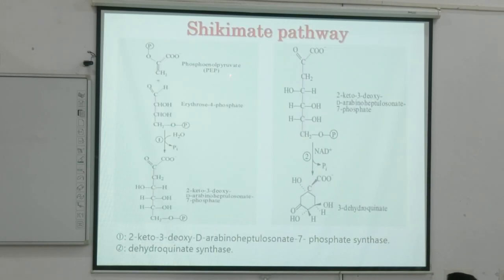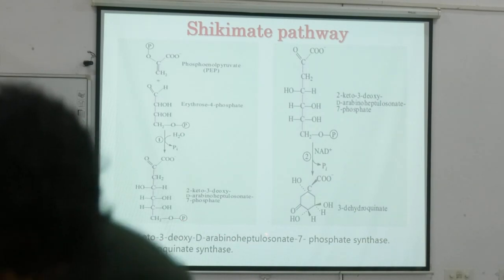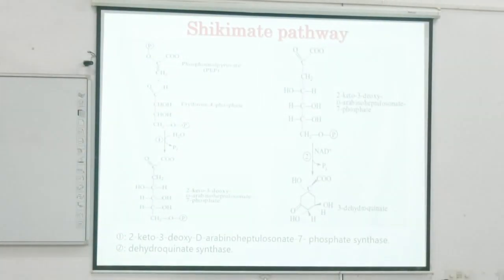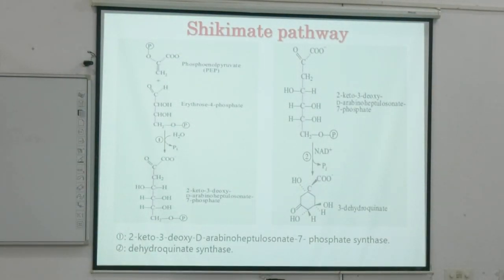So again, phosphoenol pyruvate and erythrose 4-phosphate will condense to form 2-keto-3-deoxy arabinoheptulosonate 7-phosphate with the help of a synthase.